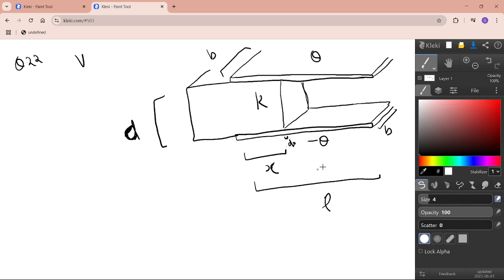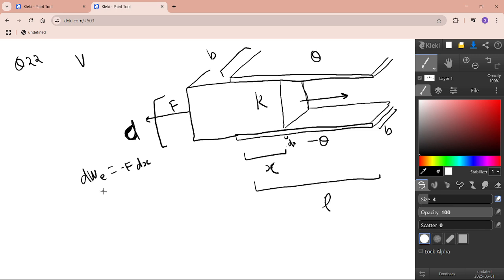So let's find the force. Let me assume it's an attractive force. So we have to do an opposite work. Let the force be F. So the work done by the external force is minus F dx.